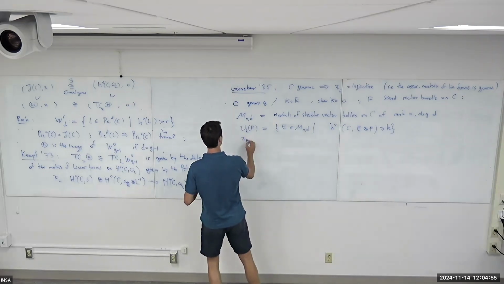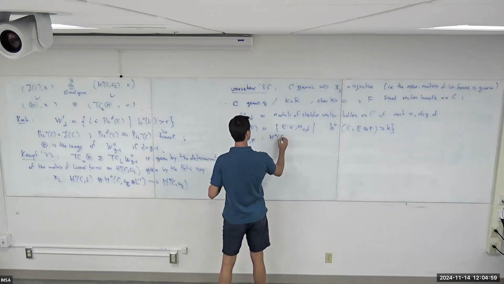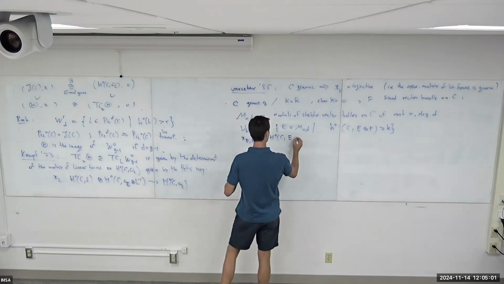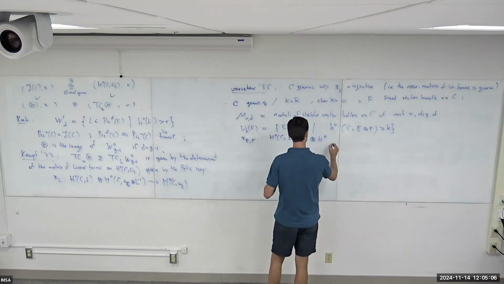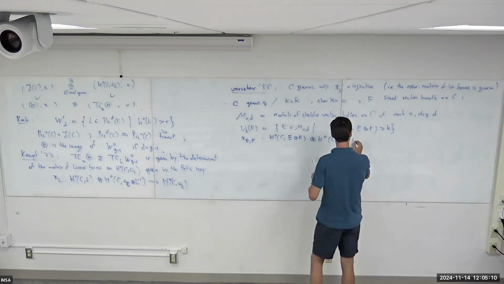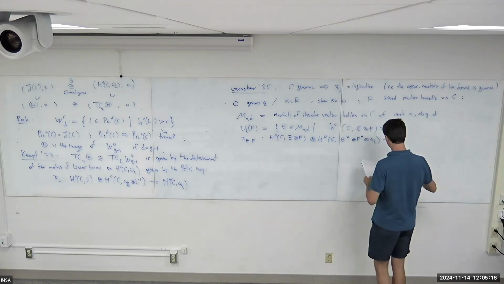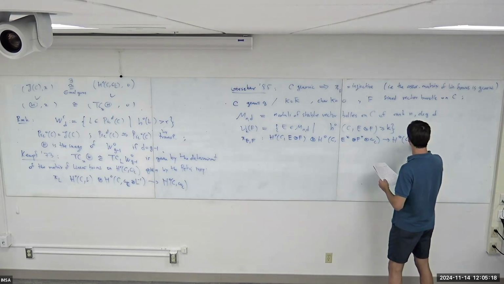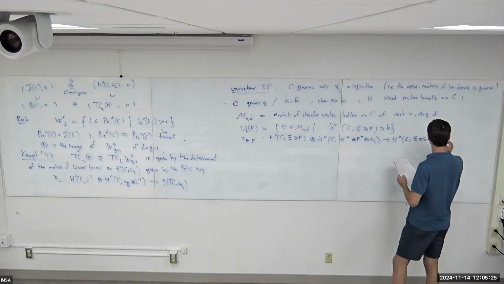So we have an analog of the Petri map here, which depends on E and F. H^0 of E tensor F multiplied with H^0 of E dual tensor F dual tensor omega_C, and that goes into H^0 of E tensor E dual tensor omega_C.